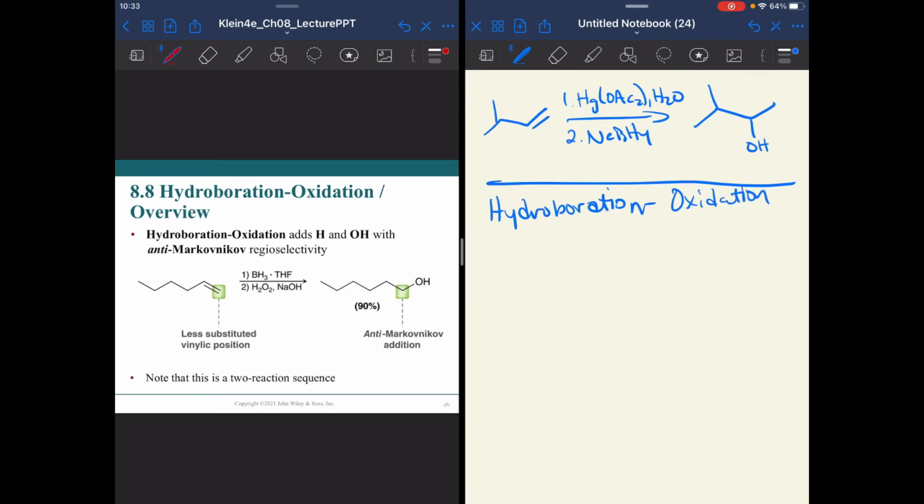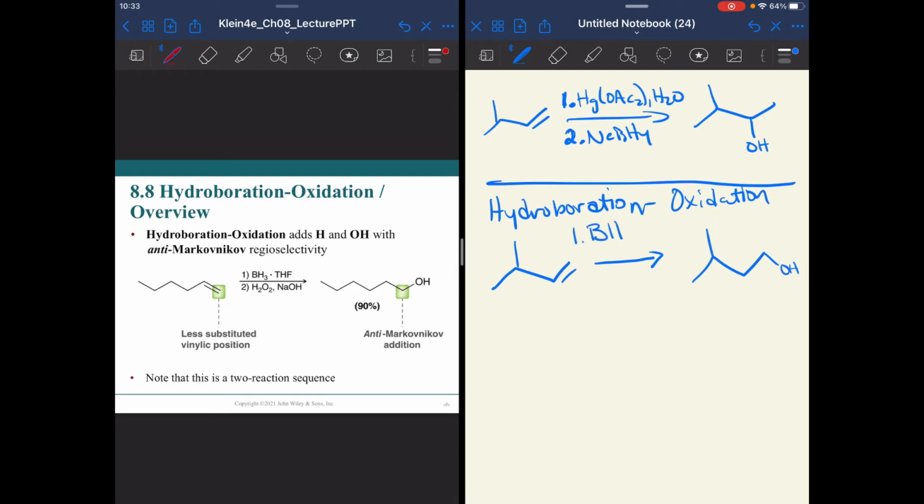Another two-step reaction. So notice when I say two steps, I'm putting a 1 and a 2. If you don't put the 1 and the 2, that means you're putting all of those things in the same pot at the same time, and that will not have the effect you want. This is another two-step reaction. So I'm going to use that same starting material. Let's say I want that OH now to be on the less substituted side.